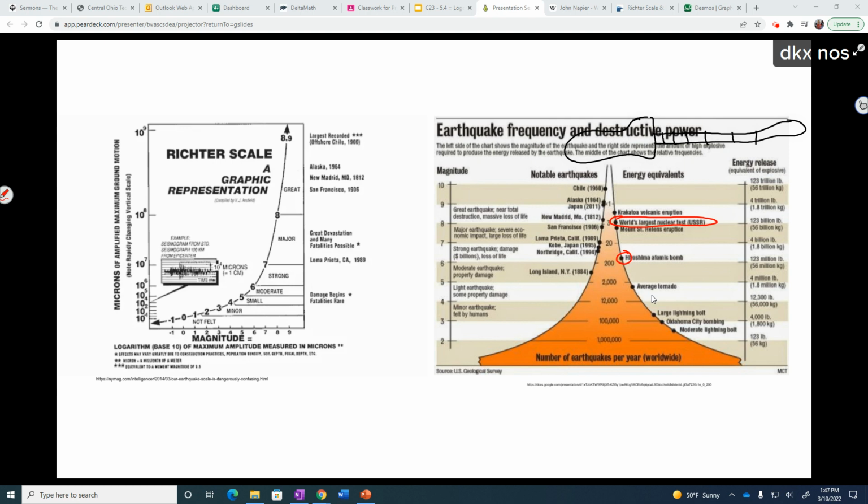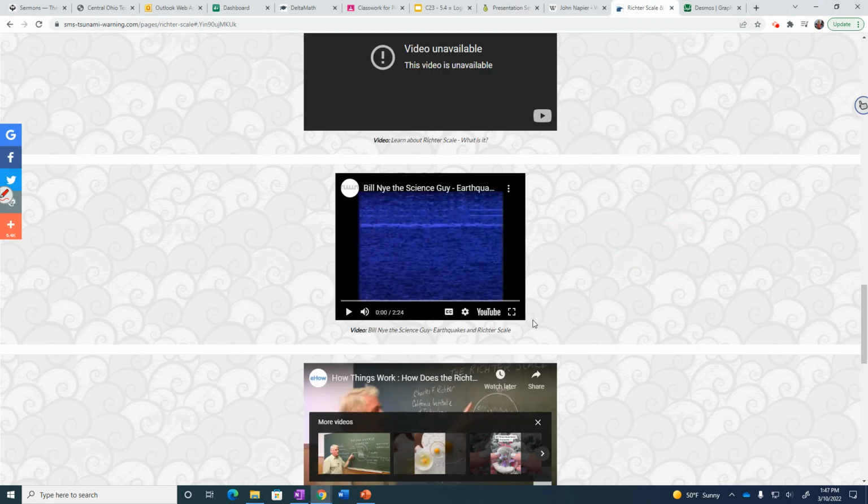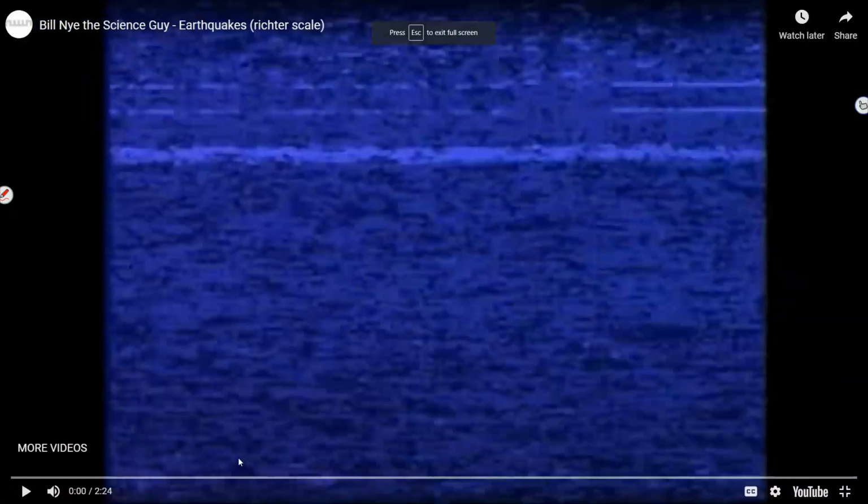Then it goes to 4,000, and then 12,000, and then 4 million pounds, 123 million pounds. So increasing by 1 increases the energy a lot more. And I got a little video. It's actually Bill Nye. He explains that a little bit here.